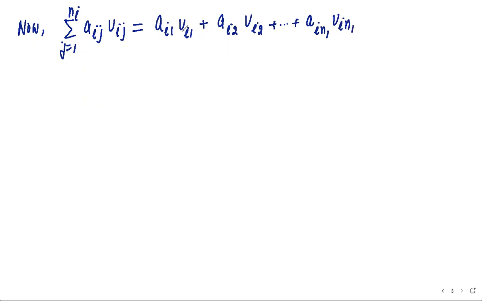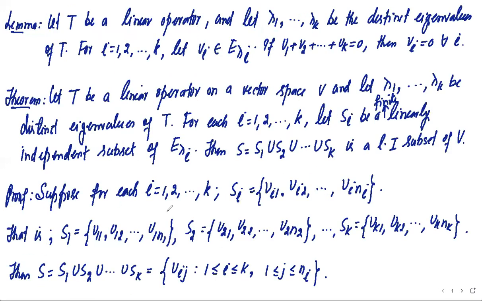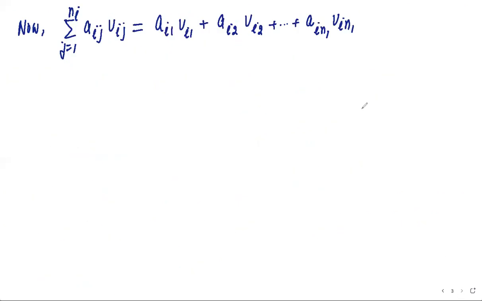Now let's have a look at where these vectors vi1, vi2, and vini are. Sorry, it is ni here, because this is summation running from j equal to 1 to ni, so this is i from 1 to ni.